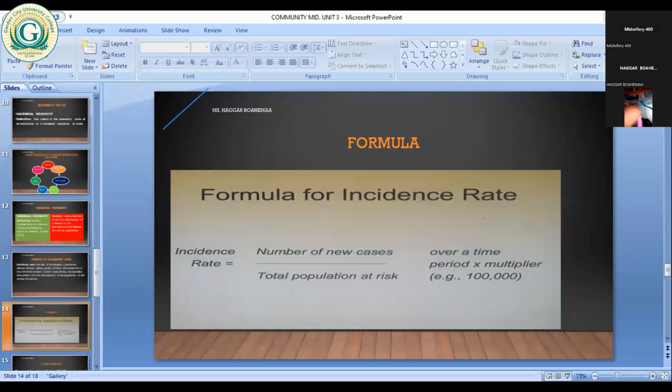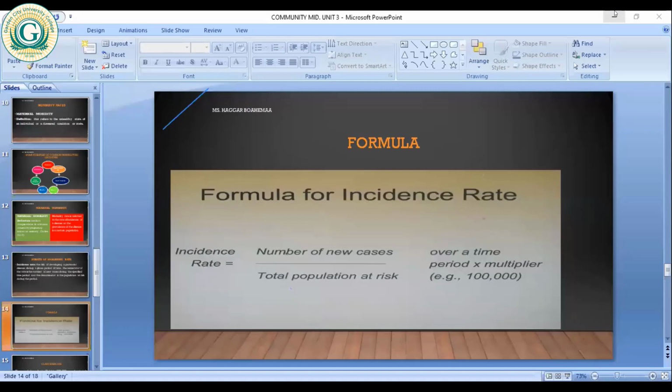So today, the new cases of preeclampsia or PIH that you are getting become your new cases over the total population at risk, those who reported, because they are all pregnant women and they are all at risk. Multiply by 100,000. So that is the formula. I'm leaving the formula for 1 minute and then we will solve an example.